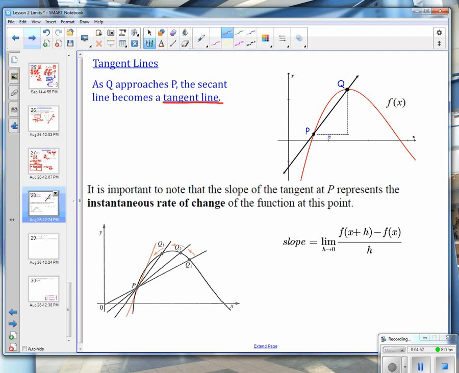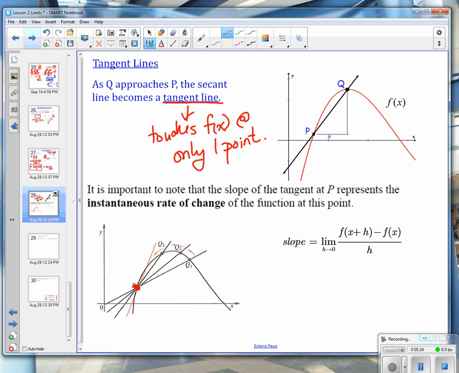So again, a tangent line touches the graph at only 1 point. And we can use that formula that we just talked about to help us a little bit as well. It says it is important to know that the slope of the tangent at P represents the instantaneous rate of change of the function.